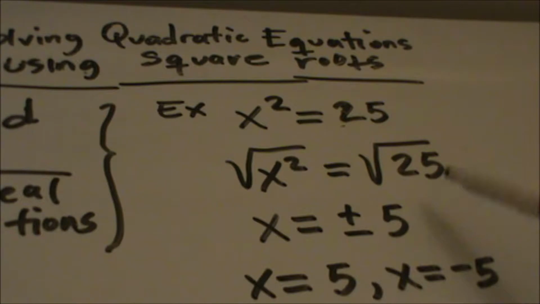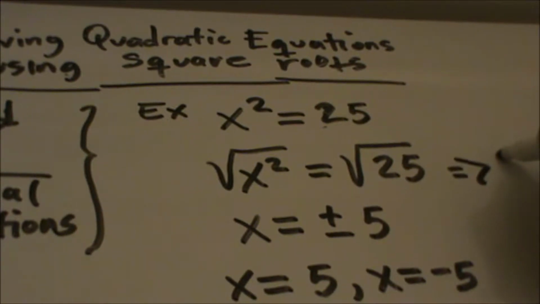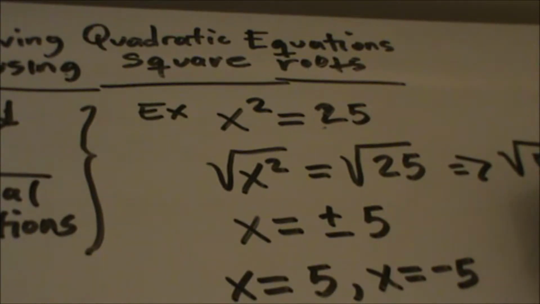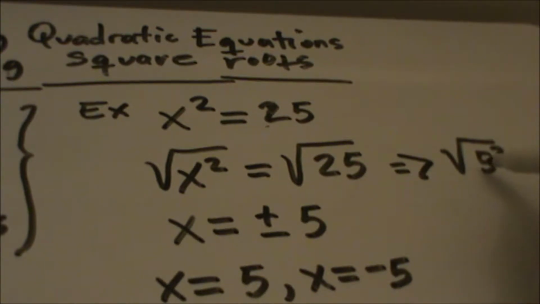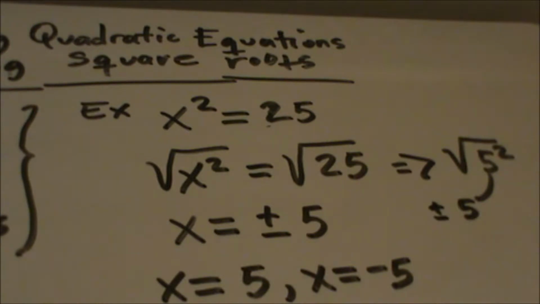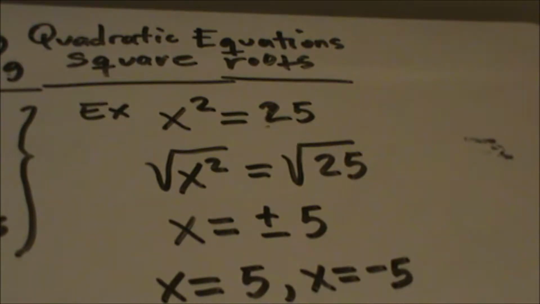In this case, 25 represents a perfect square. So if we look at it as the square root of 5 squared, when you square root that, the answer would be 5, but it will be a plus and minus 5, noting that there exists a negative value and a positive value. All right, let's try another one.